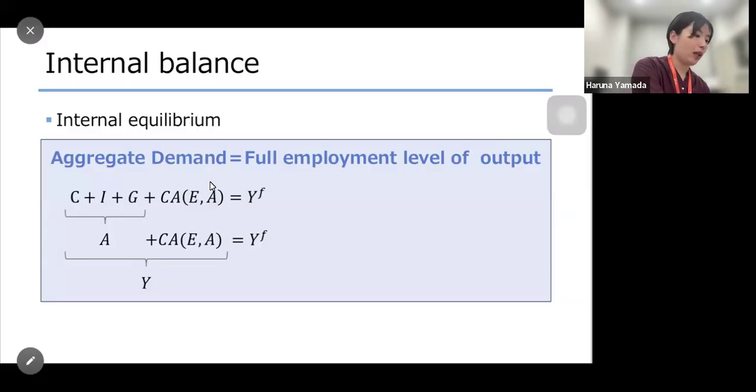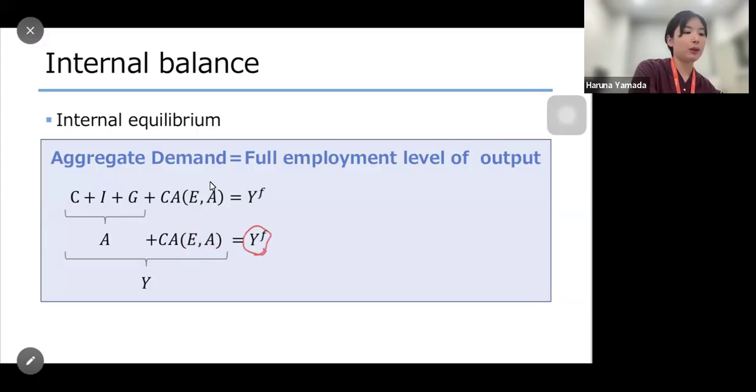So we denote A as C plus I plus G. Therefore, aggregate demand should be equal to A plus CA. In CA, E is the exchange rate, and A is the absorption.